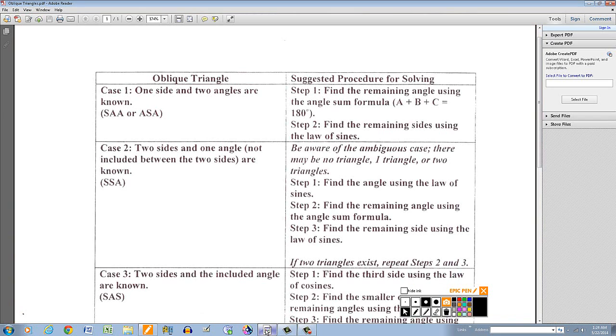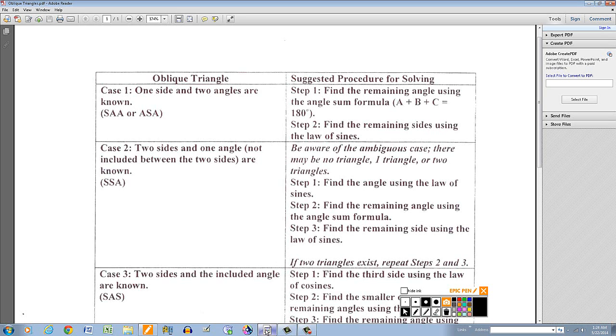Obviously, in any triangle, if you add up the angles A, B, and C, that's always going to add up to 180 degrees. Also keep in mind that the largest angle of the triangle is always opposite the longest side. And the smallest angle, obviously, is opposite the smallest side. That's something to keep in mind.